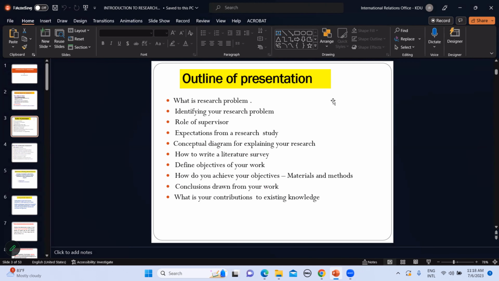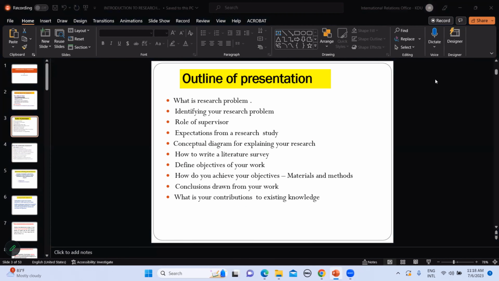Then in this 2 hours, maybe I will need more hours, I will tell you what the research problem is, okay? Your research problem will be given by your supervisors. In the ICT at the KDU Southern Campus, you will be assigned supervisors, okay?